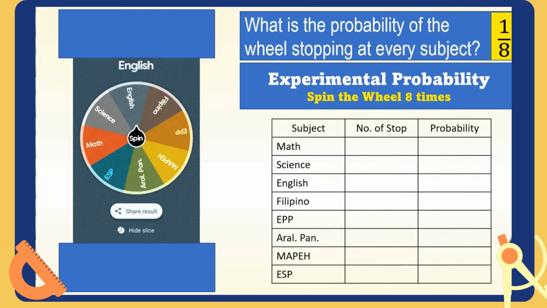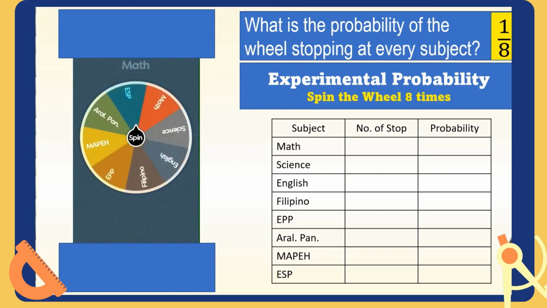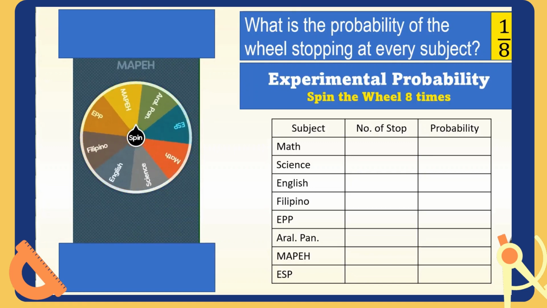So, kung ano yung ituturo ng ating wheel, ay ilalagay natin sa tapat ng anong subject nito. Okay? So, makakaroon lang tayo ng 8 times. So, umpisahan natin ang ating first spin. Tingnan natin kung saan hihinto ang subject natin.